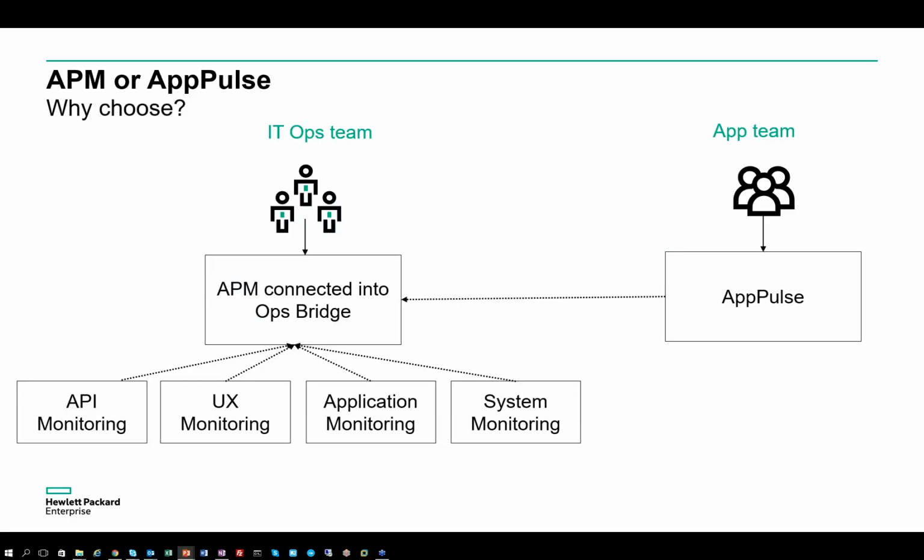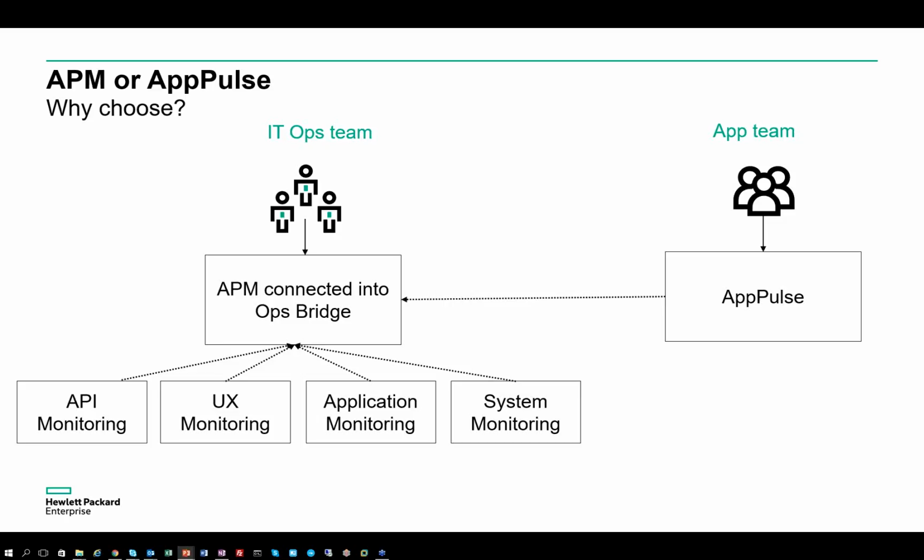You may go with Apples for the application team, and you may go with the APM solution for the IT operations team, and then the two of those integrate together, whereby the APM solution brings in the monitoring of the user experience, the application, and the systems for things that are on-prem and in-house, and Apples can look at things that are much easier to use, much easier to deploy, and on demand for what the applications team may need.